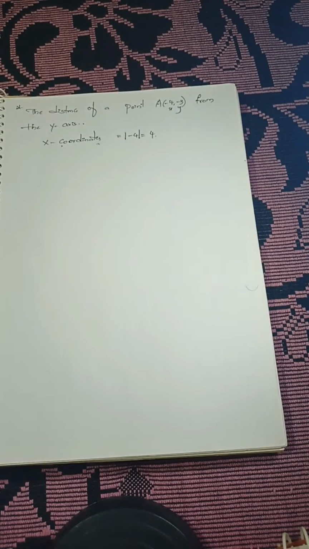So why are we using mod? The distance of the point (-4, -3) from the x-axis, and from the y-axis.